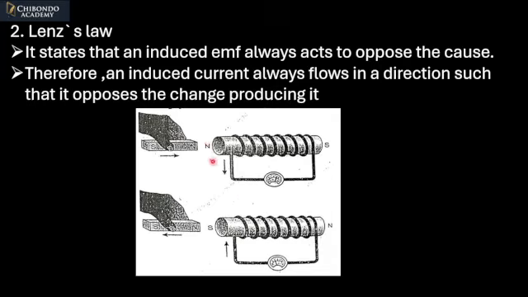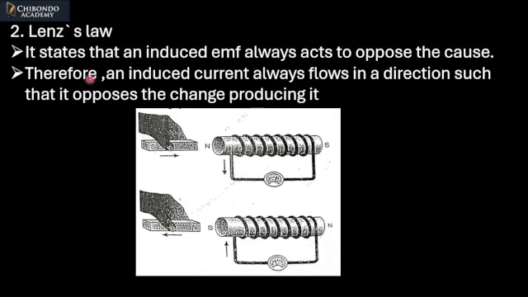If you pull the magnet out of the setup, you can observe the current acting to oppose the change producing it. It goes to the point where the magnet was acting.